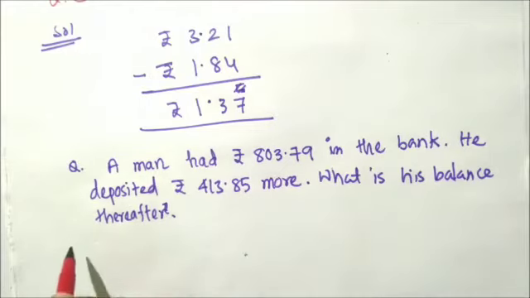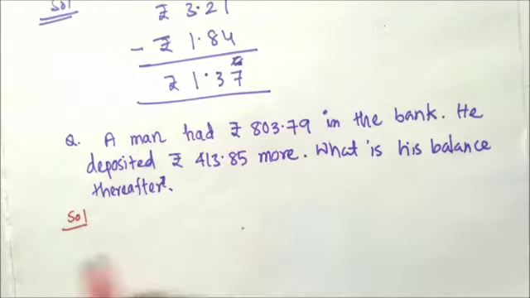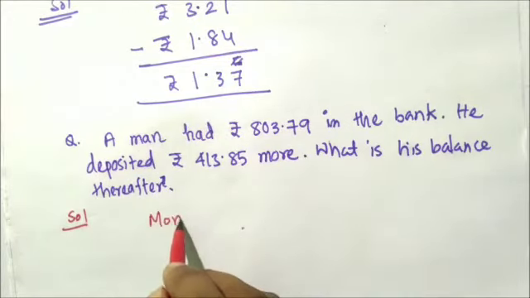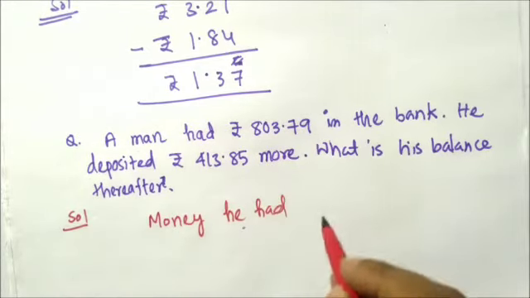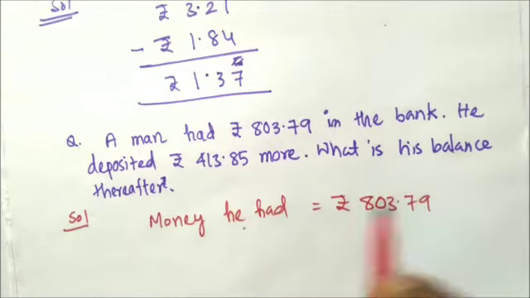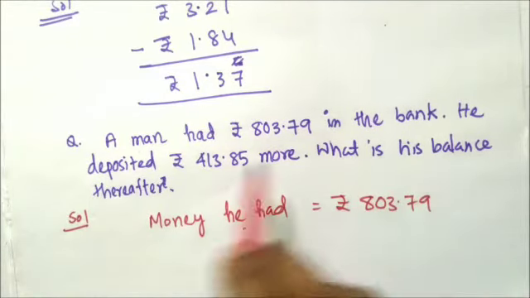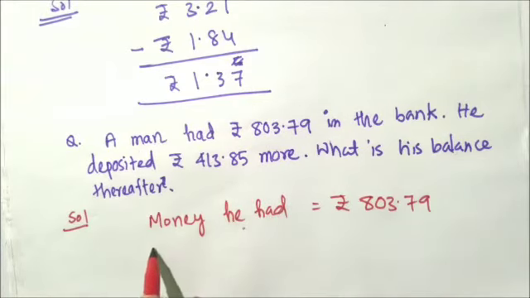Okay, so there is a man who had rupees 803.79 in his bank account. So the money he had earlier was rupees 803.79, right? He deposited rupees 413.85 more. That means he again deposited money.